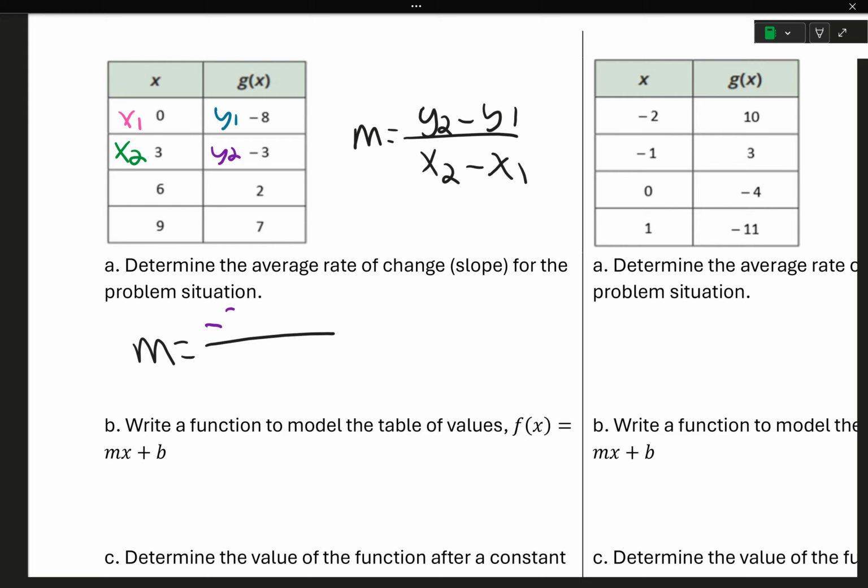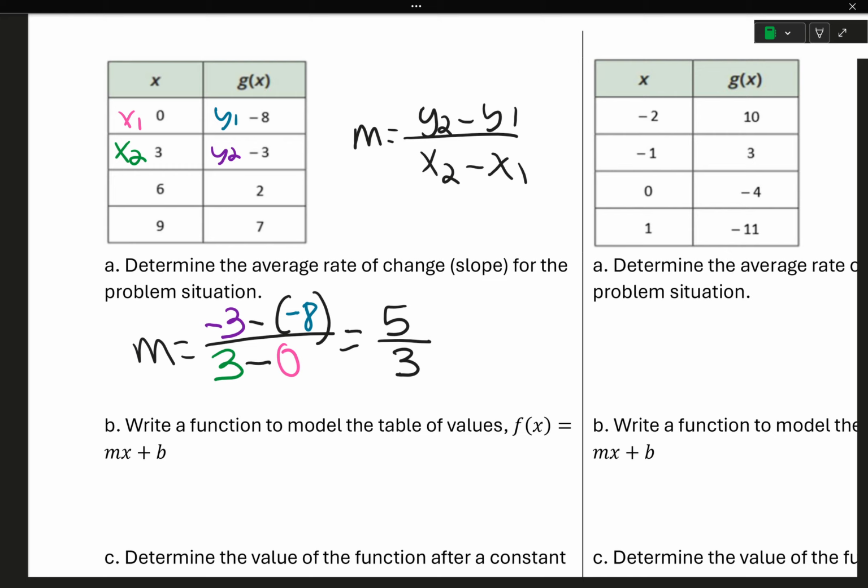All right, on top we got negative 3 minus negative 8. On the bottom I have positive 3 minus 0. Negative 3 minus negative 8 is 5. 3 minus 0 is 3.